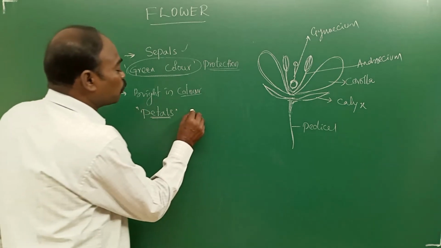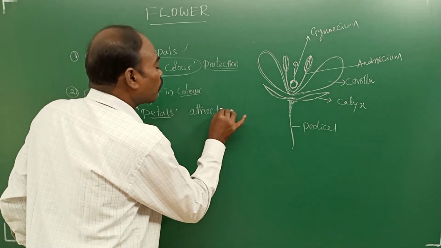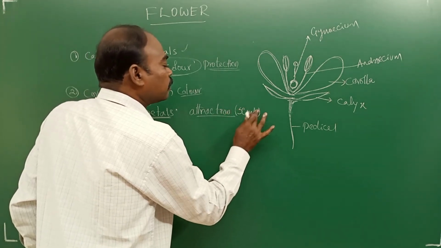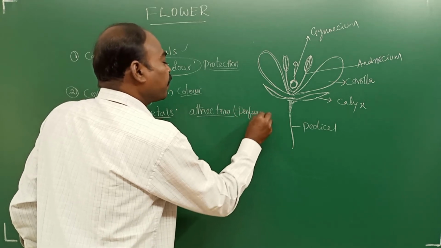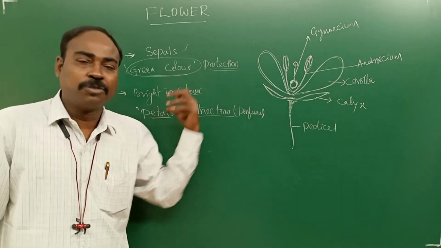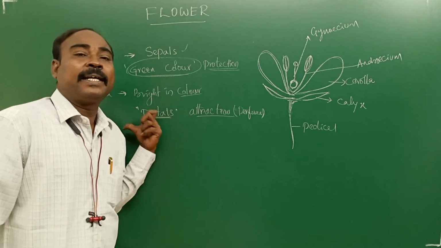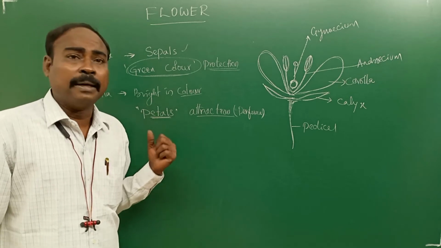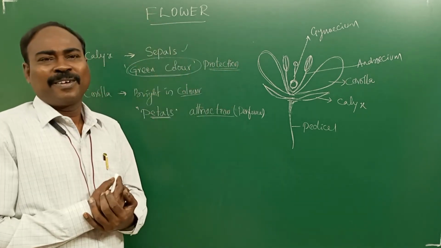So, which is useful for attraction and gives scented smell, perfume. Different flowers give different fragrances, perfumes, and also have nectar glands with different attractive colors. What is the main function of these colored petals? They attract insects. Why?